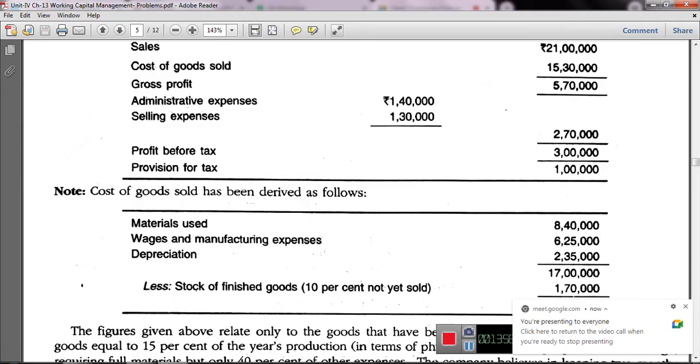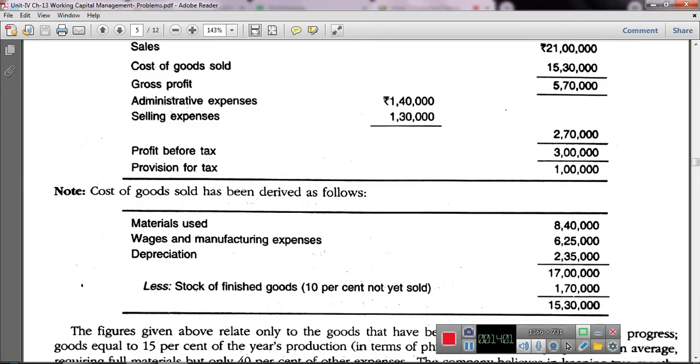Materials used 8 lakh 40,000 rupees. Materials here means raw materials. Wages and manufacturing expenses 6 lakh 25,000 rupees. Depreciation 2 lakh 35,000 rupees. Total 17 lakhs.